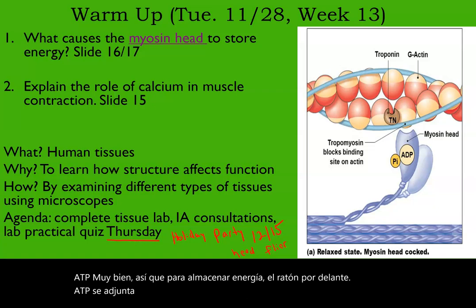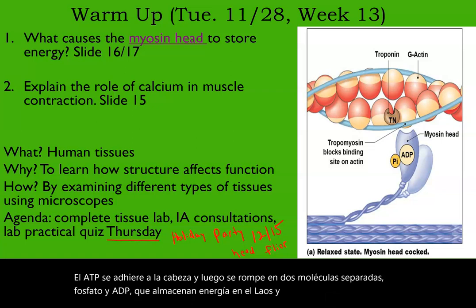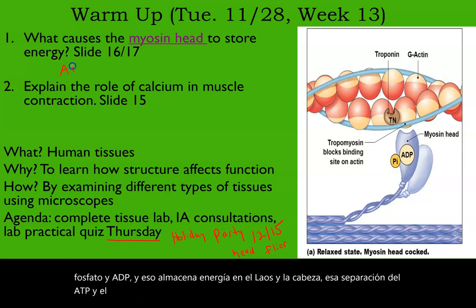So, in order to store energy in the myosin head, ATP attaches to the head and then breaks into two separate molecules, phosphate and ADP. And that stores energy on the myosin head, that separation of the ATP into ADP and phosphate.